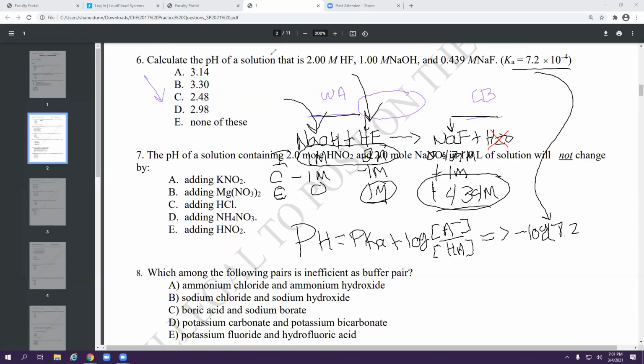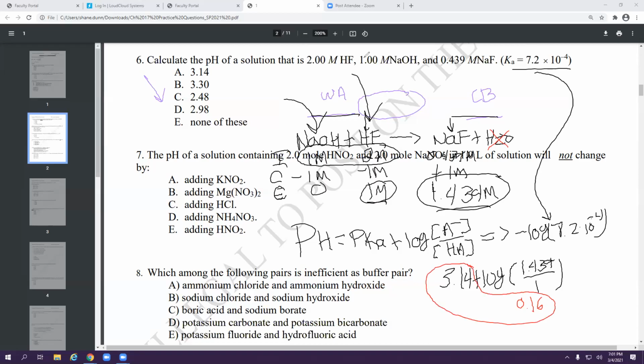So 7.2 times 10 to the negative 4th, that got me 3.14 plus the log of 1.439 over 1. Which then got me the log of 1.439, I got 0.16. 0.16 plus 3.14 gives me 3.30.